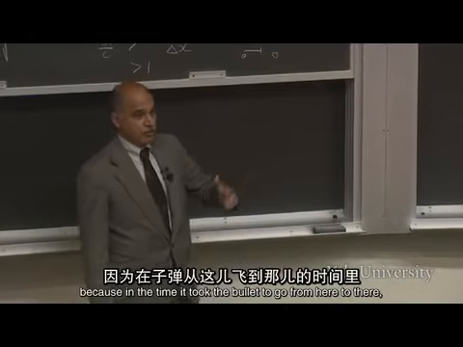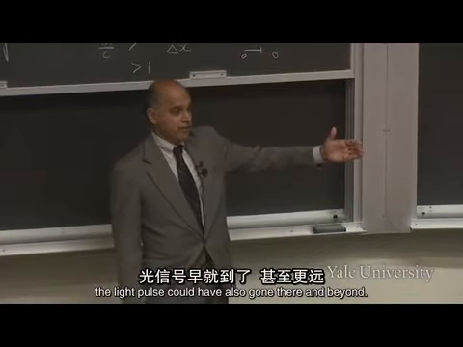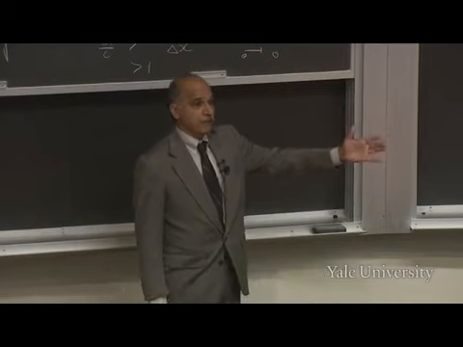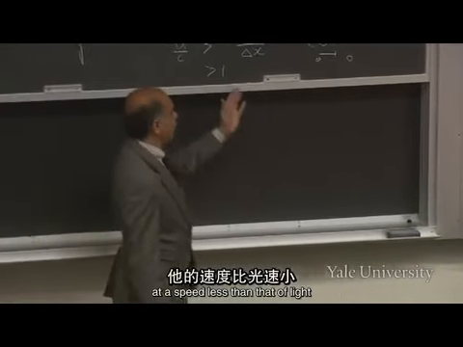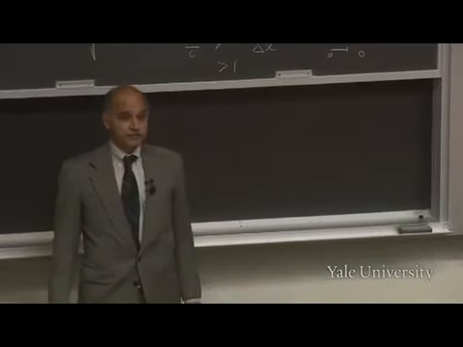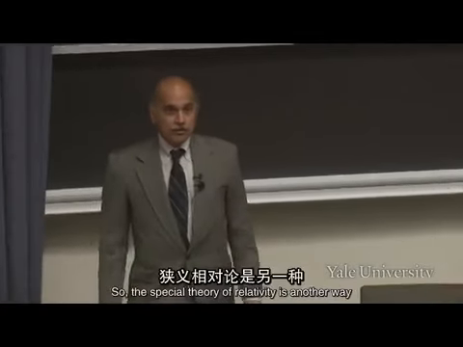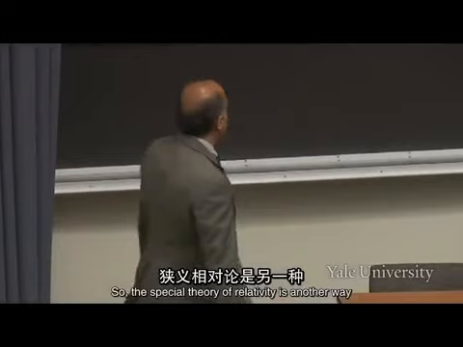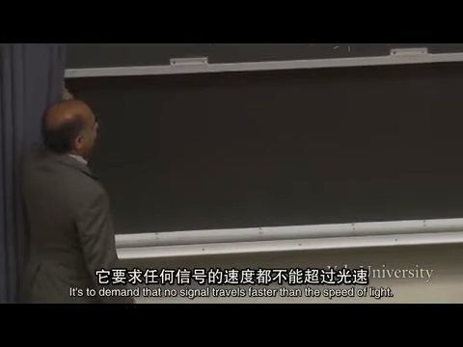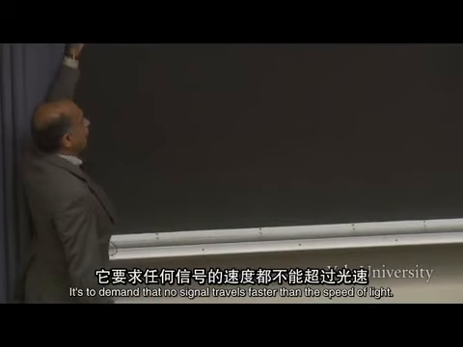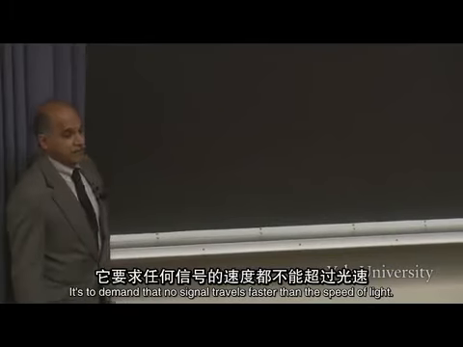Because in the time it took the bullet to go from here to there, the light pulse could have also gone there and beyond. In that case, you will never find an observer at a speed less than that of light for whom the events will appear backwards. So the special theory of relativity is another way to ensure that everything is consistent, is to demand that no signal travels faster than the speed of light.